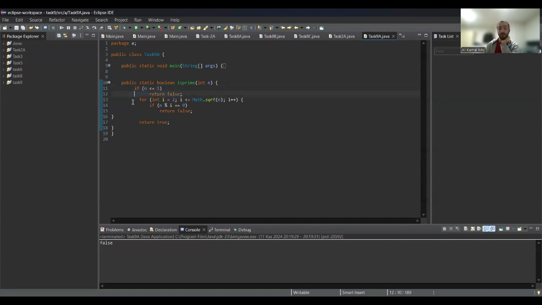In case our condition is not met, there's a potential that our integer can be a prime number. So for that, we have a for loop in here. We are checking whether our i value is equal to or smaller than the math square root of n.